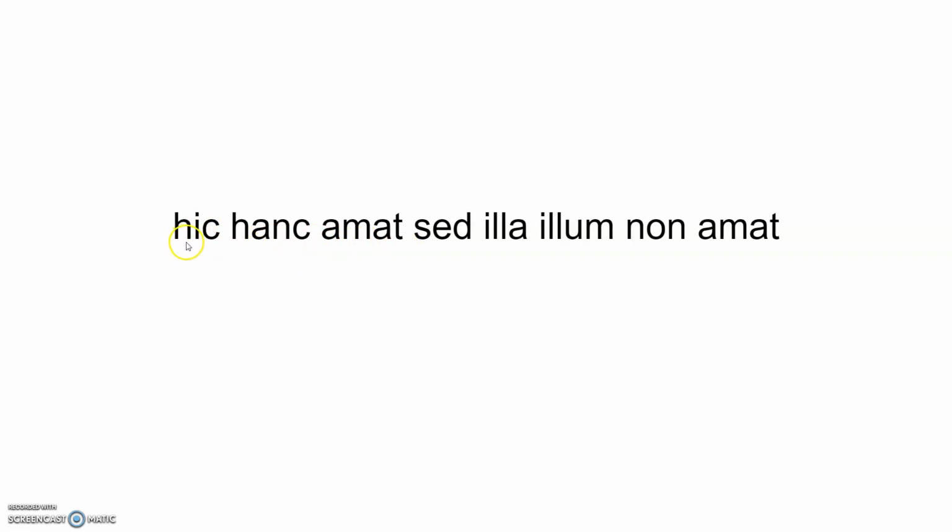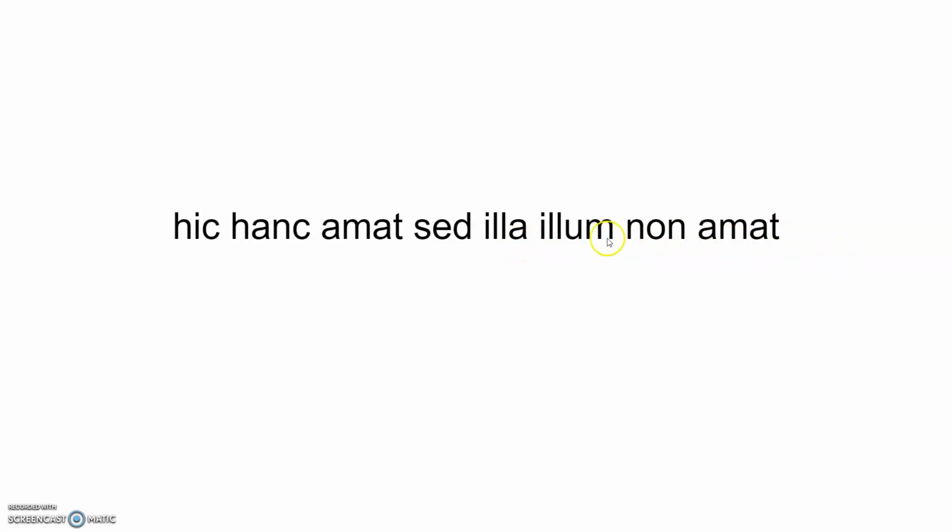Looking at the sentence builder, you notice you've got your hic in the nominative column and hanc in the accusative column. These pronouns for this or that act kind of weird, follow their own set of rules, and we'll go into these different forms in the next unit. But just based off your sentence builder, you know hanc is accusative, so he loves her, or this guy loves this girl, but that girl does not love that guy.